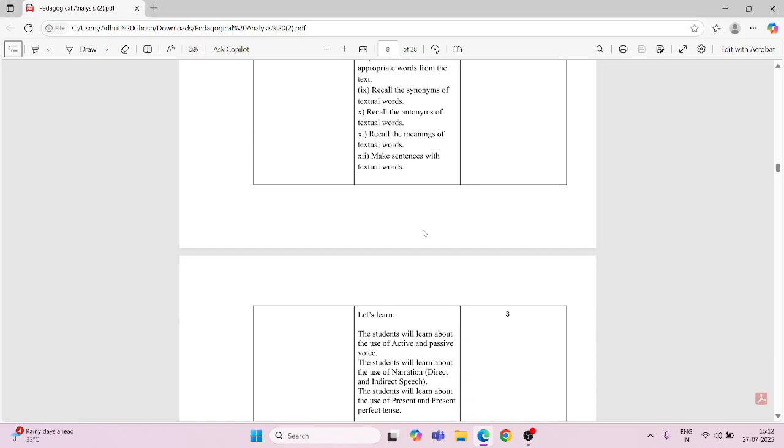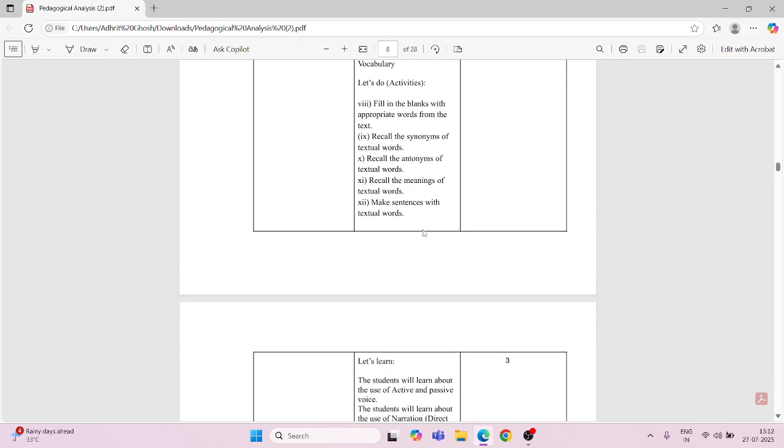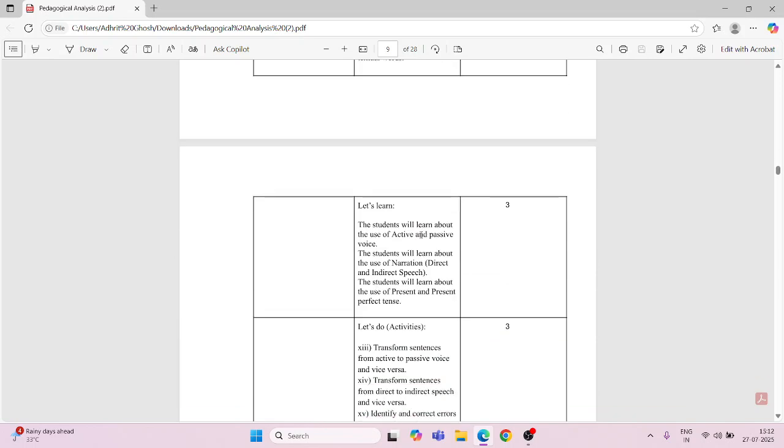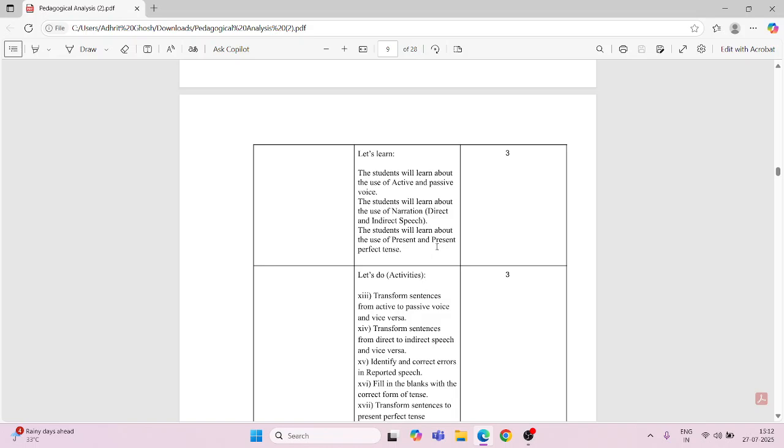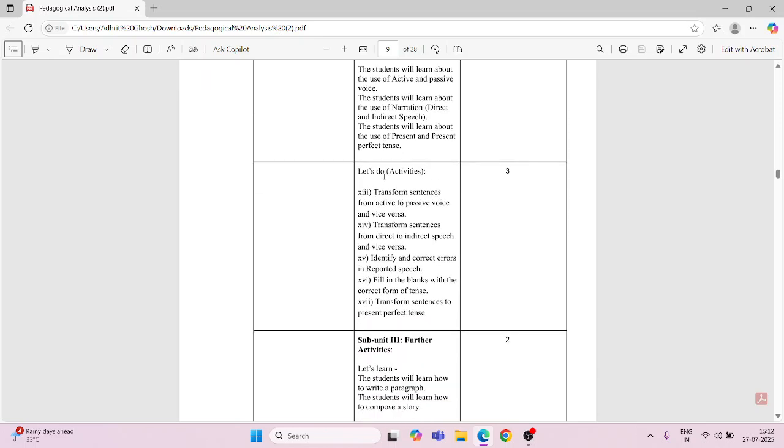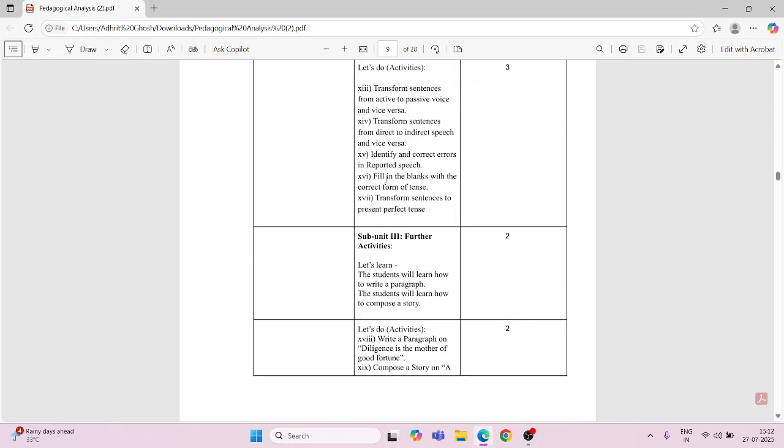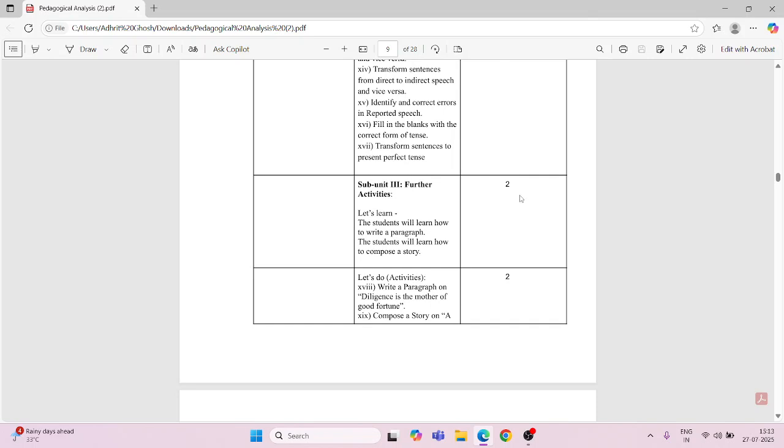And if you are teaching grammar, for example, I have taken up three basic topics of grammar, that is active passive voice and narration and present perfect tense, to be taught through the lesson. So you have to write down under let's learn what theory. You have to give them some theoretical and conceptual knowledge, and then you have to do the practice of the activities based on the grammar that you have taught. On the right hand side, you keep noting down the number of periods that you will be requiring.